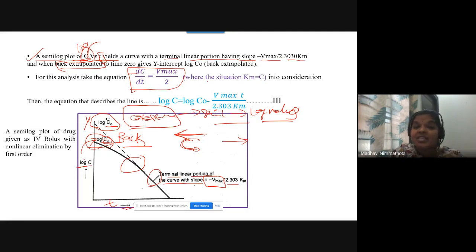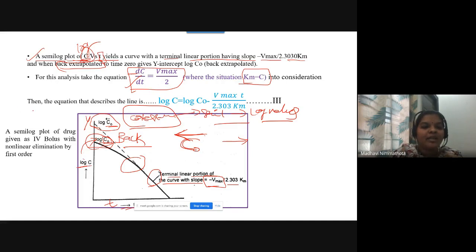That is the special situation of the Michaelis-Menten equation, when Km is equal to C. That's why I have written it here like this. So for this analysis, take into consideration that when Km is equal to C, we get dC by dt is equal to Vmax by 2.